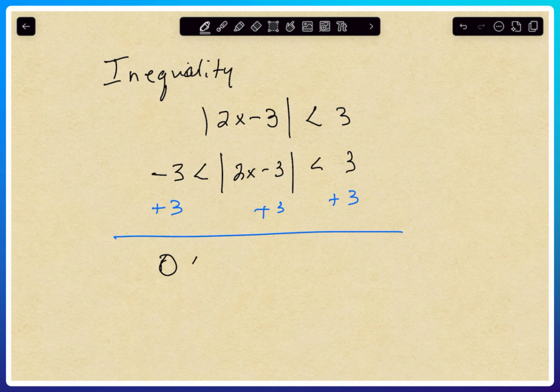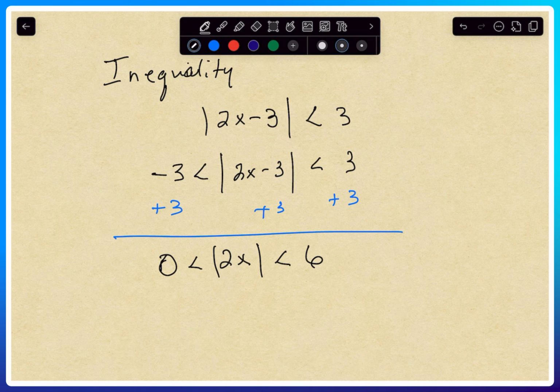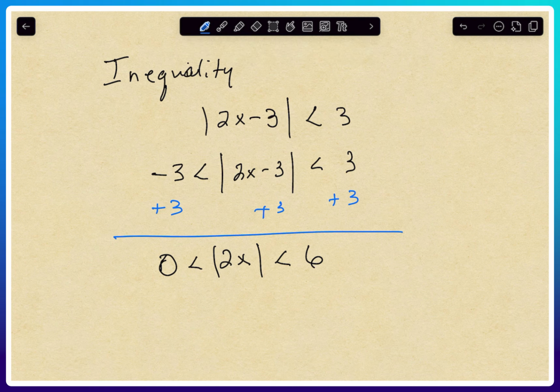So 0 is less than, and this cancels out and becomes 2x. Actually, you don't have to put the absolute value, but I do it anyway. Then less than, and this becomes 6, because 3 plus 3 is 6. Then we divide the whole thing by 2, and you can divide 0 by 2, because it just becomes 0.